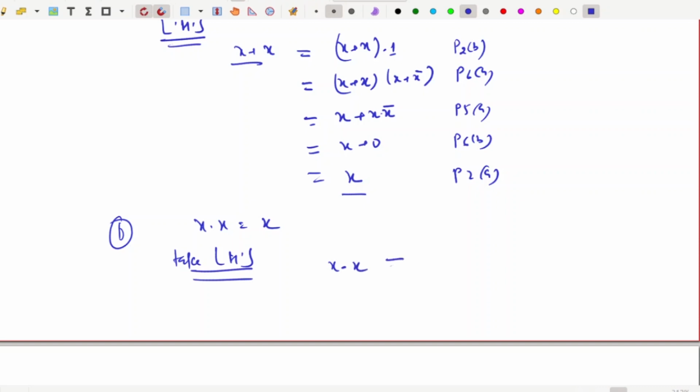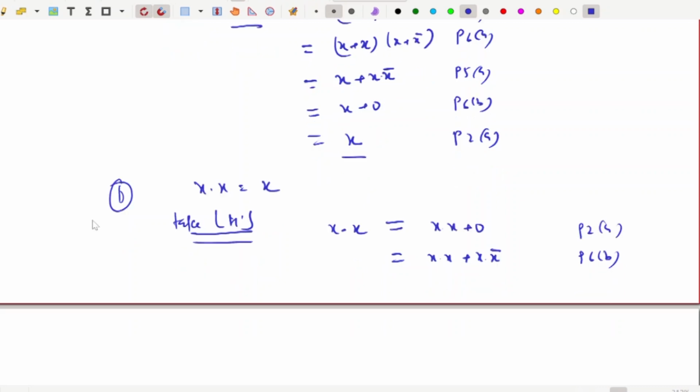This is also written as x into x plus 0. This is postulate 2a. When we add 0 with any variable, the result is the same as the variable. Then this 0 is represented by x into x plus x into x complement, that is equal to 0. This is postulate 6b.